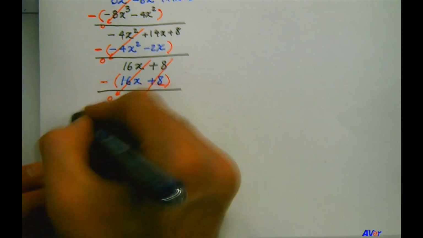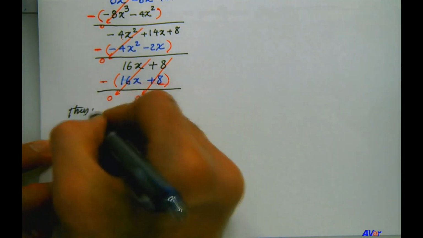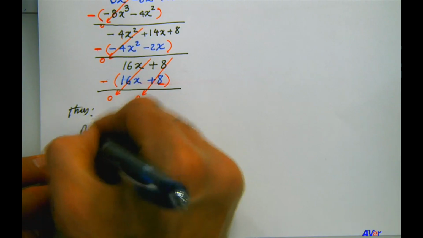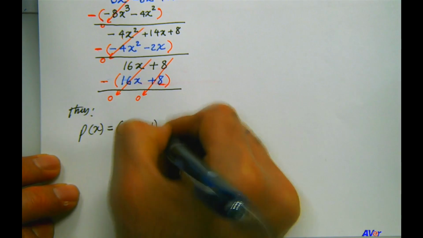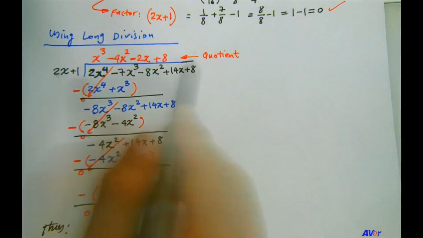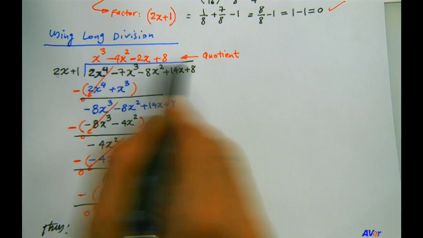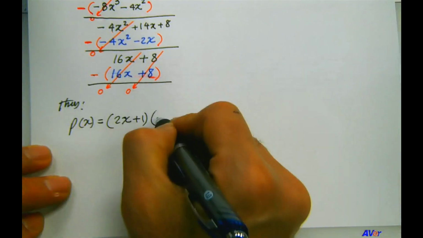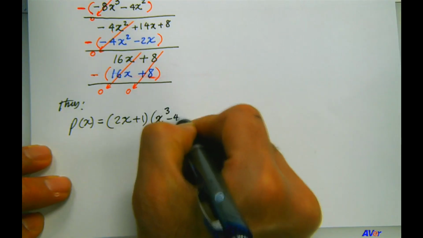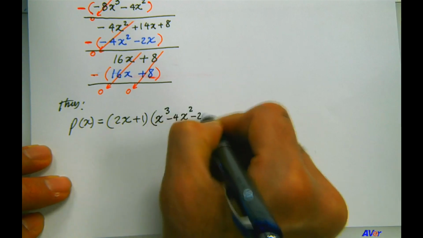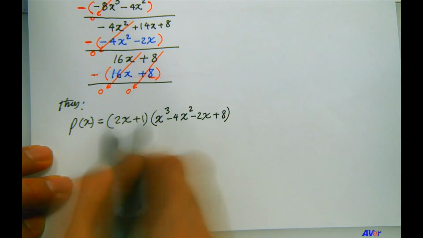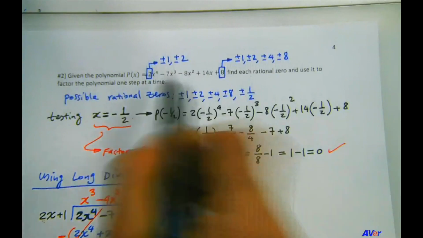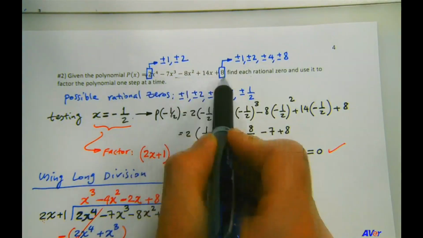So thus the original polynomial p of x is equal to 2x plus 1, which is this divisor, times the quotient, times this whole thing. Right? So times x cubed minus 4x squared minus 2x plus 8. So if you multiply this factor by this factor, you will get this original polynomial.